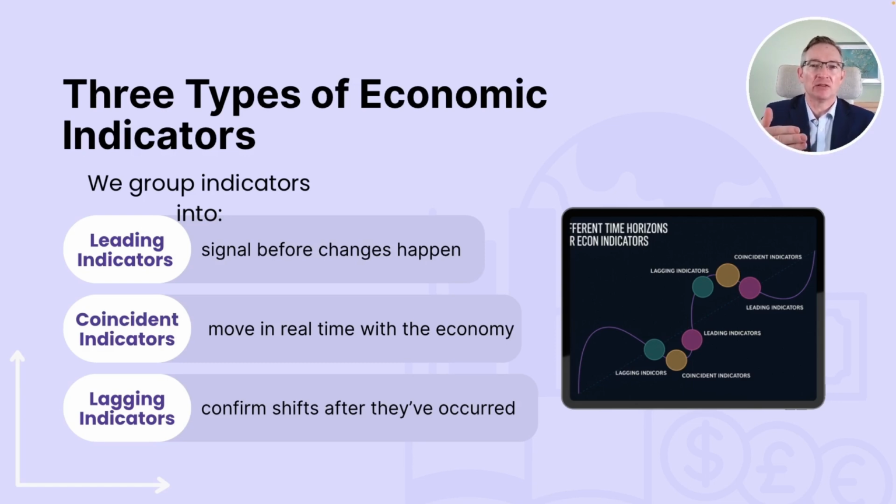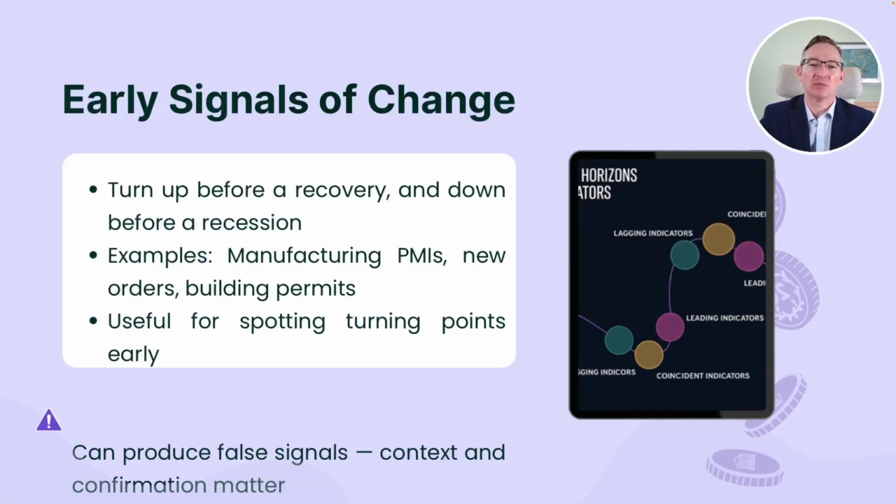They lead the economy. Coincident indicators, which move alongside the economy, coincident meaning at the same time as. And lagging indicators, which follow behind and confirm what's already occurred. So each category gives us a slightly different type of signal.